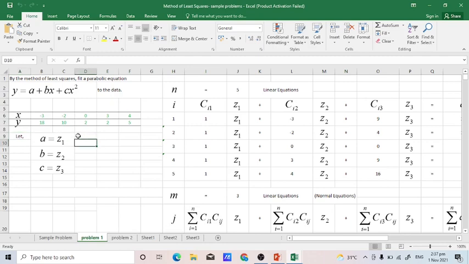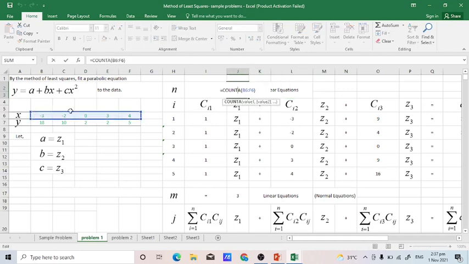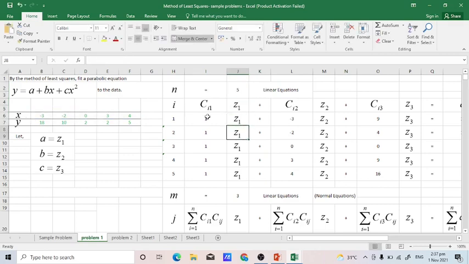So nilagay ko lang yung a sa z1, b sa z2. Tapos meron ako ditong i. Ito yung CI1 ko, CI2. So, ito yung 5 linear equations ko na nagdepende dito, kung ilan yung mga points na yan. No? Yung mga x values na yan. Okay? Or y values pwede rin.